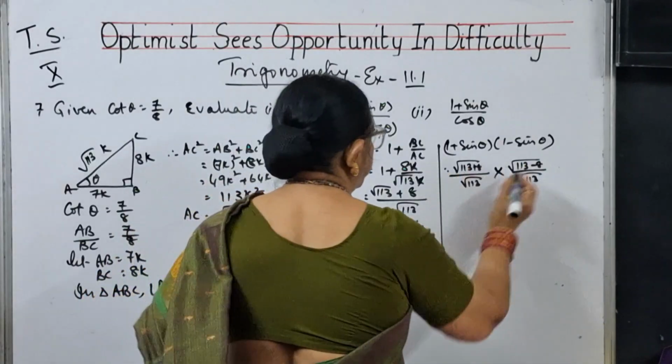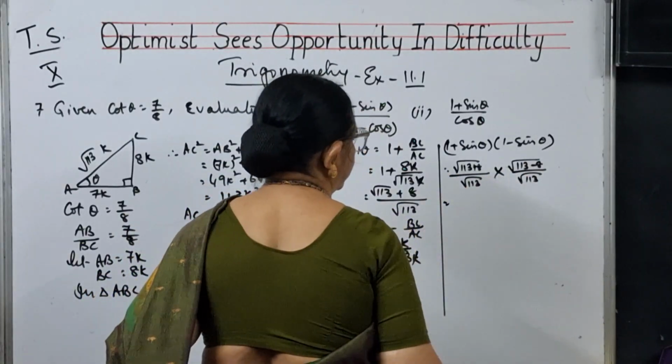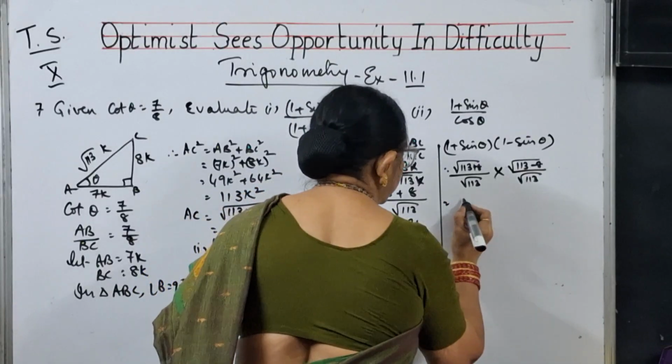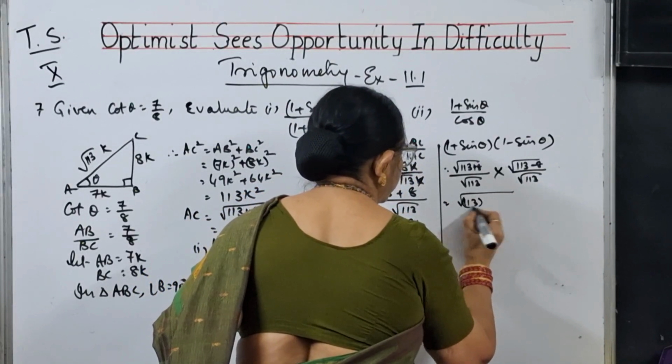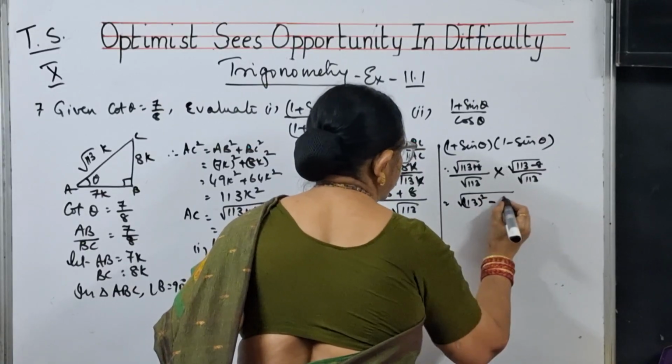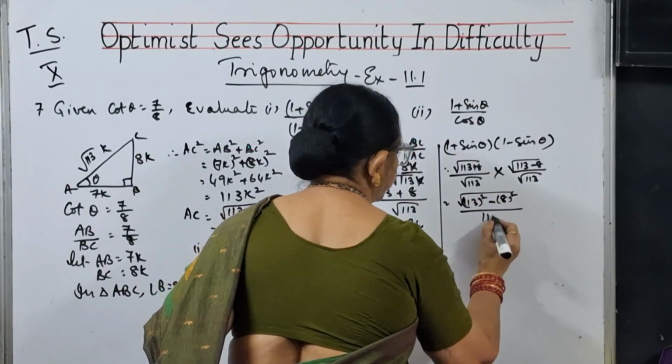So when you are multiplying a plus b into a minus b, that is a square minus b square, that is root 113 whole square minus 8 square by this becomes 113.